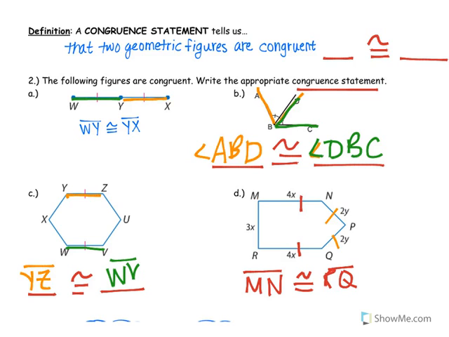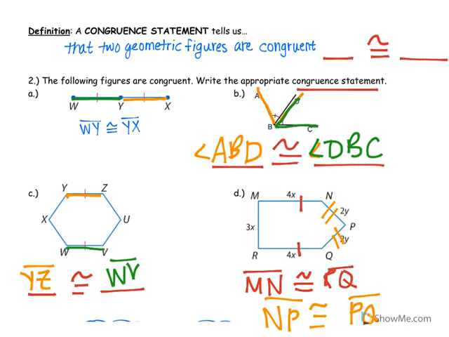So what do we have to do? Remember, we're going to use a different number of tick marks to represent a different length. So we know that these two segments here are the same, and these two segments here are the same, but they're different from each other. The red and the orange are different. And so the congruent statement that we can now write is NP is congruent to PQ, like that.